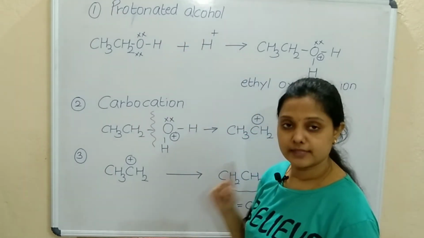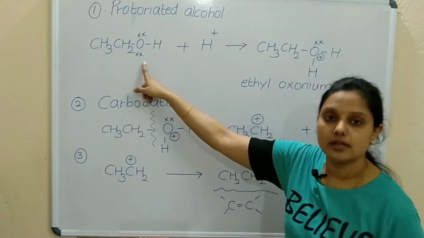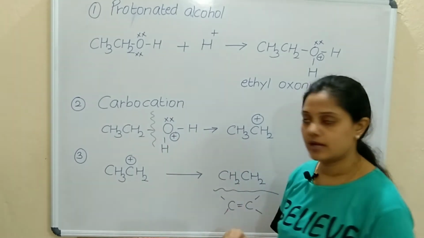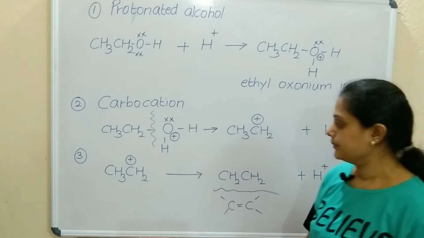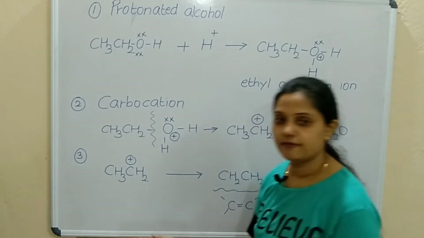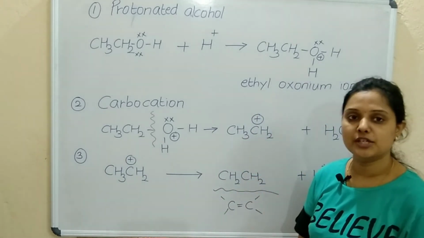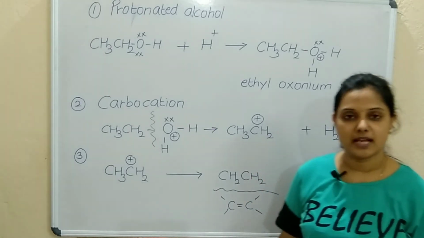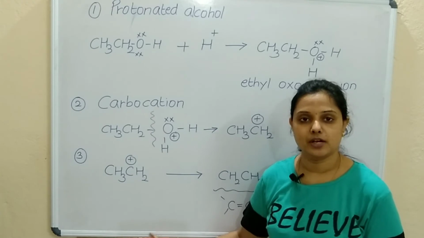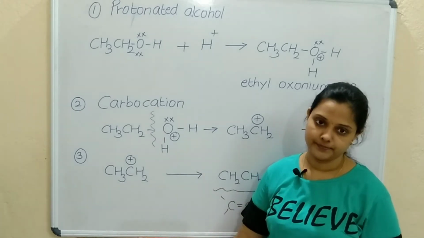Protonated alcohol, first step, where hydrogen is attached to alcohol. Second is carbocation, where water will be removed, CH3CH2 plus. Third step is removal of proton or elimination of proton. Make a note of all three steps, that is the mechanism of dehydration of alcohols.